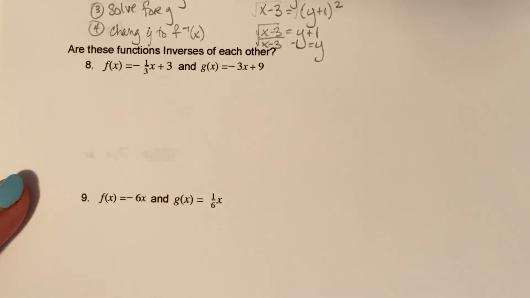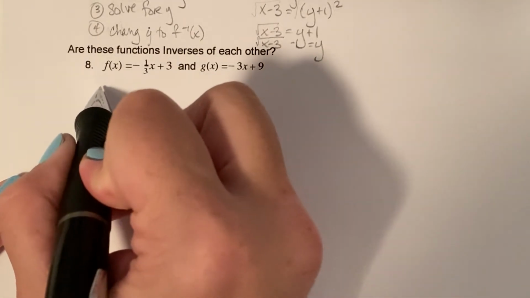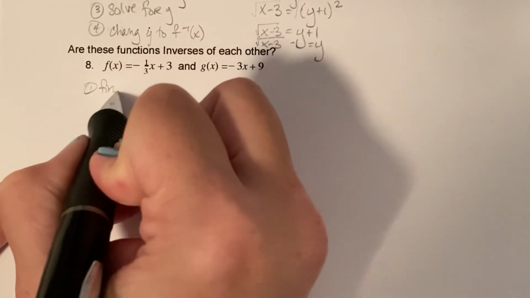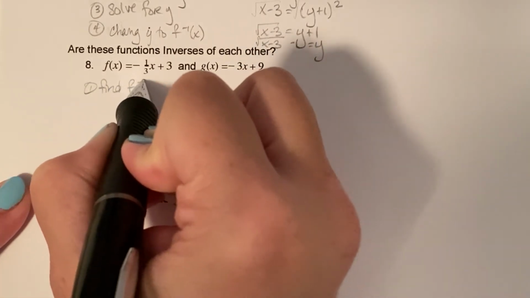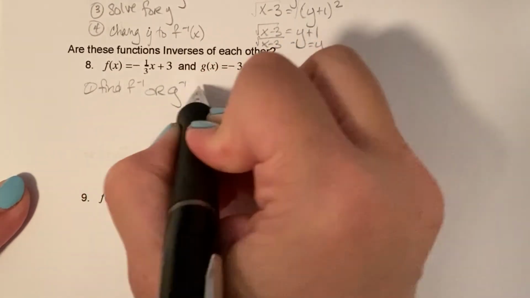Okay, now how to tell if these equations are inverses of each other. So you can do this one of two ways. You can either find f inverse or g inverse and compare.